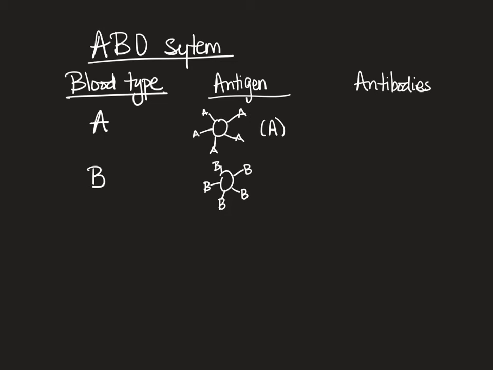So again, the blood type and the antigen match. Now, if you have type AB blood, literally, on your red blood cell, you have both the A antigen and the B antigen, which is why they have type AB blood. They literally get both. Okay, so the antigen here would be A and B.